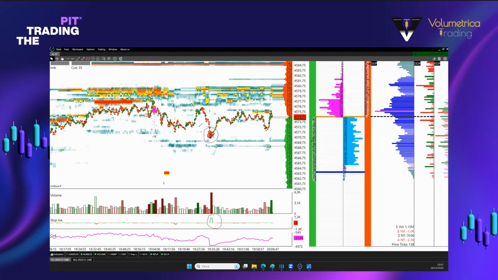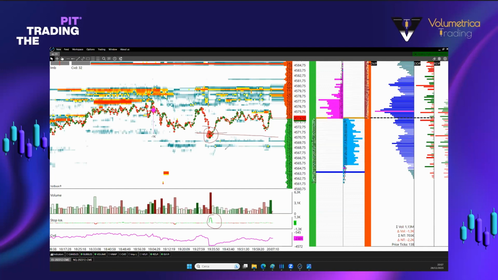Exactly here. How can I tell there is an iceberg? There was a nice iceberg here. More precisely, a buying iceberg of roughly 1,000 contracts, because the indicator is telling me.